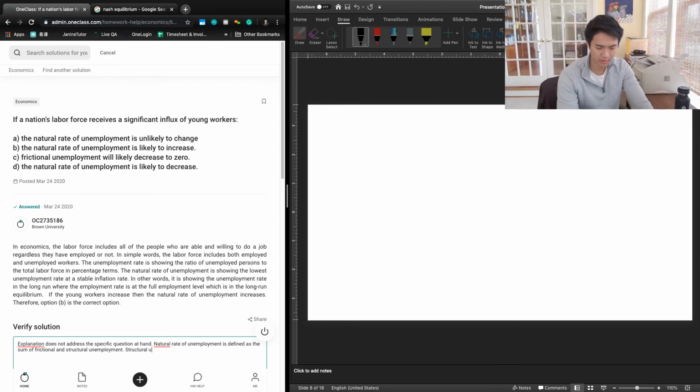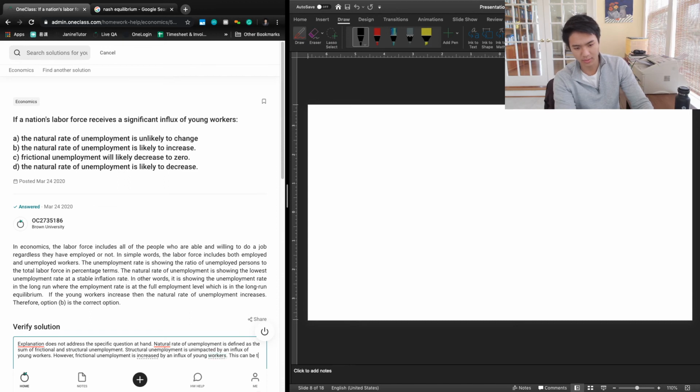Structural unemployment is impacted by an influx of young workers. However, frictional unemployment is increased by an influx of young workers.